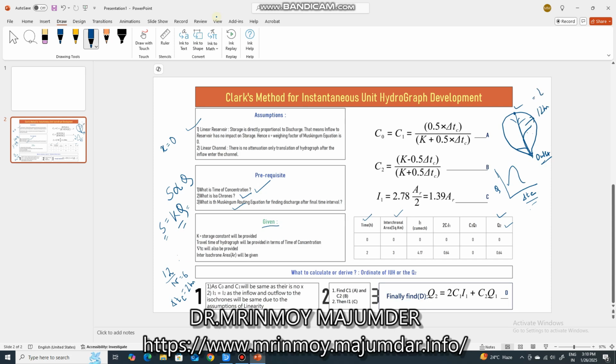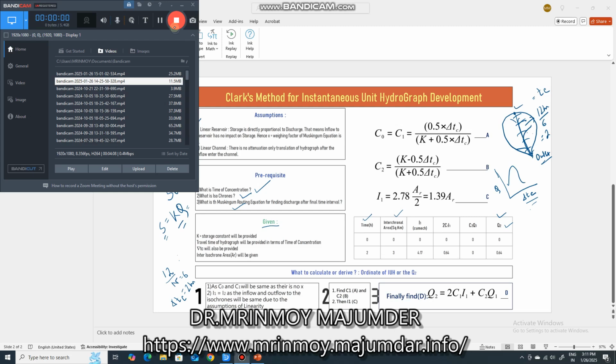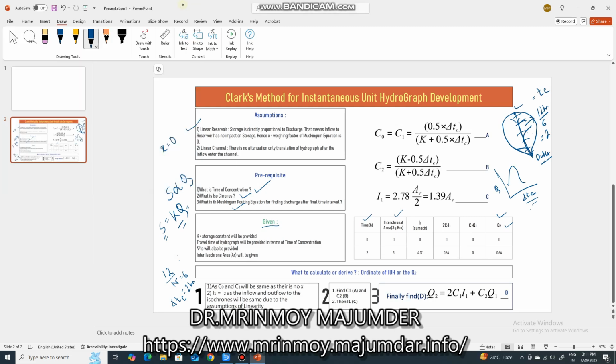This is your time of concentration. Now if the problem says that you divide it into 6 equal parts, right? Then each del Tc, or you can say the incremental time of concentration del Tc, will be 2 hours.